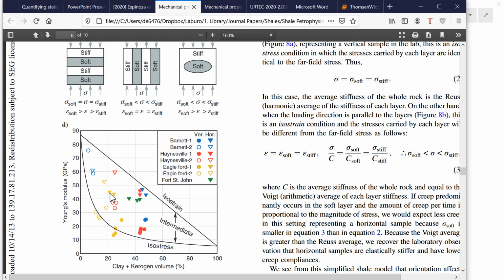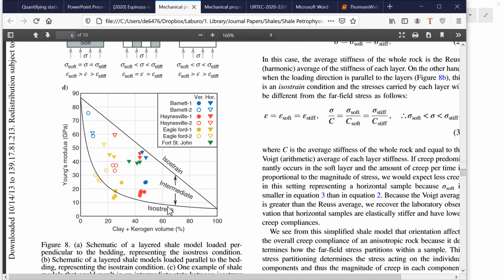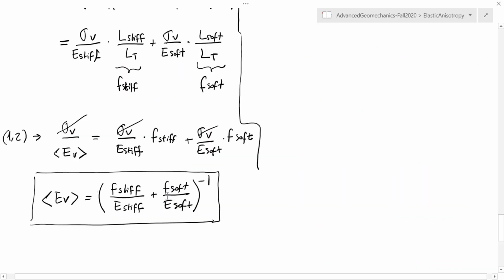And even if you have just a little bit of that, it's going to be quite soft because you're mostly deforming the soft part. And this is going to be the Reuss average, and it is what is called a lower bound for the possible value of the vertical Young modulus in a composite rock. Okay, that's for the vertical Young modulus.